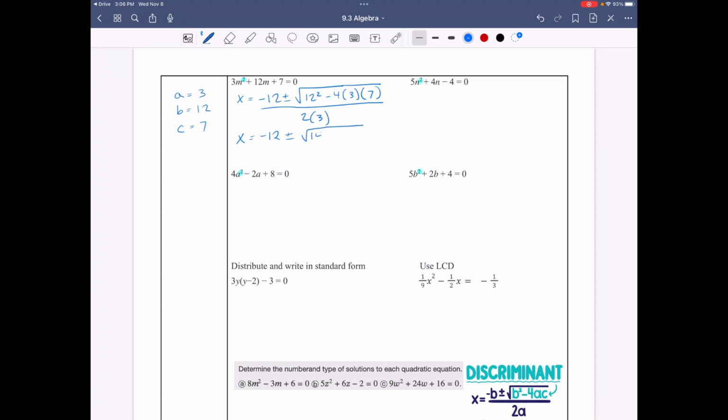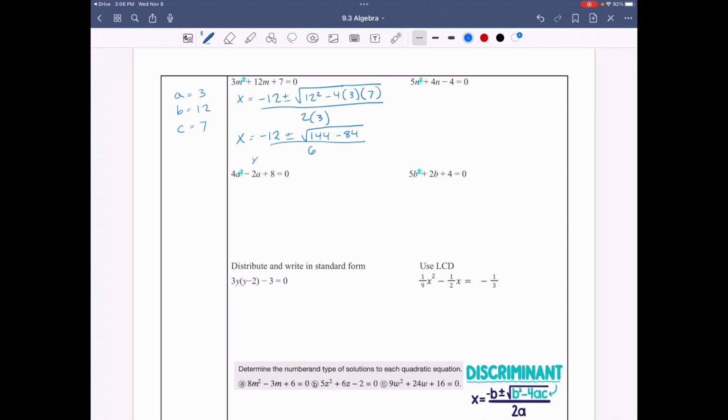12 times 7 is 84, all over 6. So 144 take away 84 is 80.